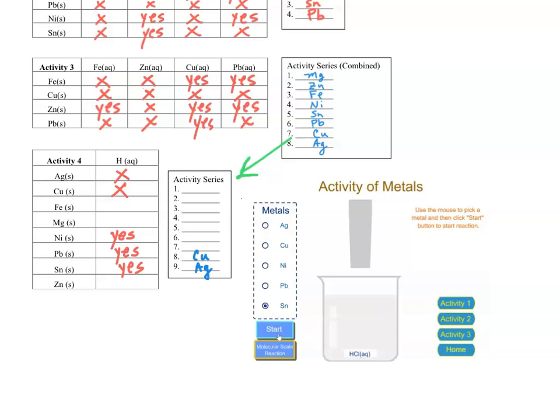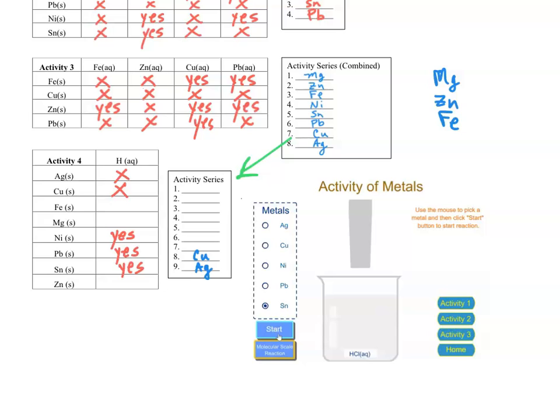Now, the rest of these. We have no data here on this chart for the elements iron, magnesium, and zinc. Now, relative to each other, how should they go? According to the blue list here, iron, magnesium, and zinc should be magnesium, zinc, iron. That's the order relative to each other.